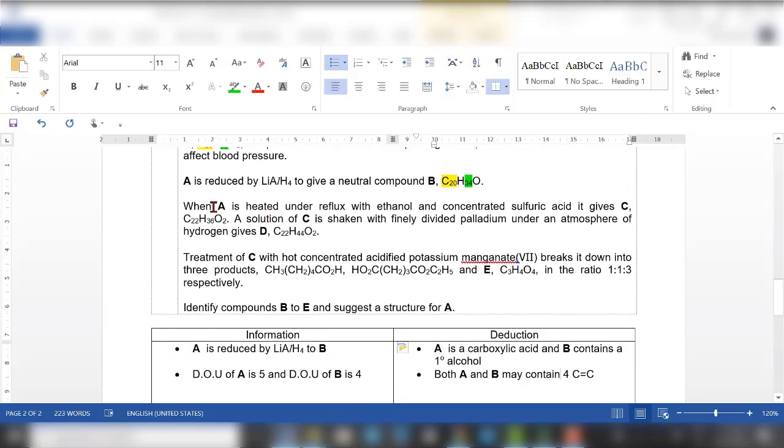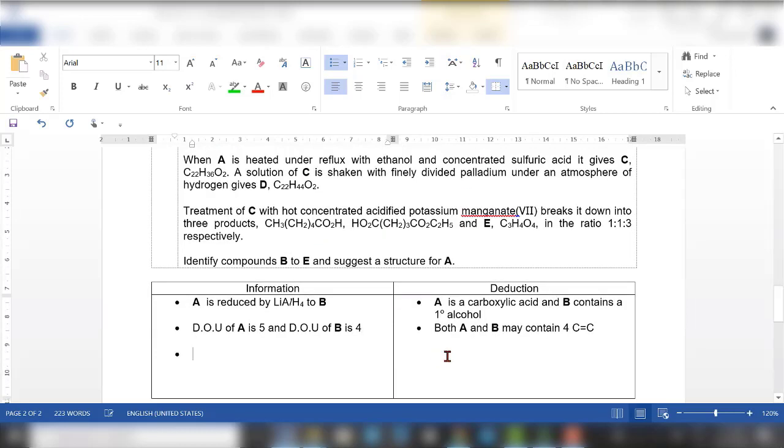Okay, and then after that, they mentioned that when A is heated with ethanol and concentrated sulfuric acid, it gives you C. And then after that, after the reduction, it gives you D. So I think from here, you can further make the conclusion.